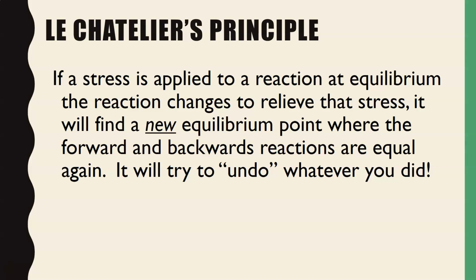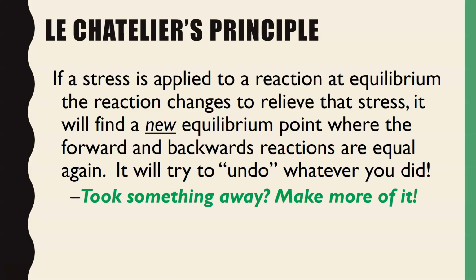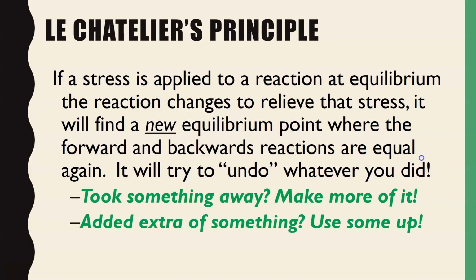So to really simplify this, if you took away a chemical or you took away some energy from the reaction, it is going to proceed in whichever direction will replace it. If I took away some of chemical A, the reaction is going to try to make more of that chemical A. If I add extra of something, maybe I add an extra amount of chemical B, or I add some extra heat, the reaction is going to proceed in whichever direction, forward or backwards, will use up some of that extra.